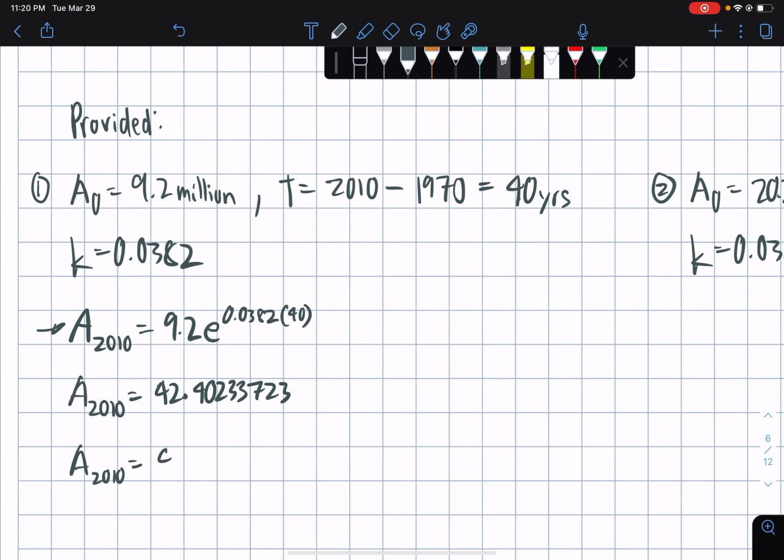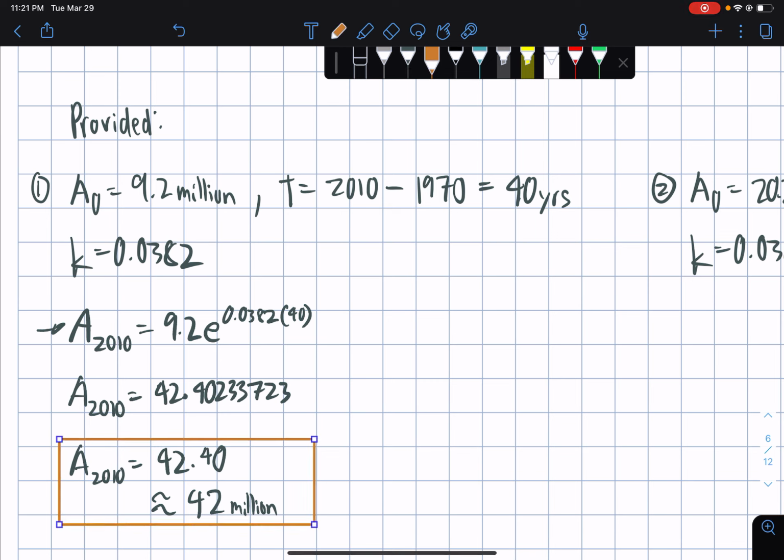Round that off: 42.4023, or just approximately 42 million. So yeah, I think that's it. It could be acceptable if the answer would be approximately 43 million.